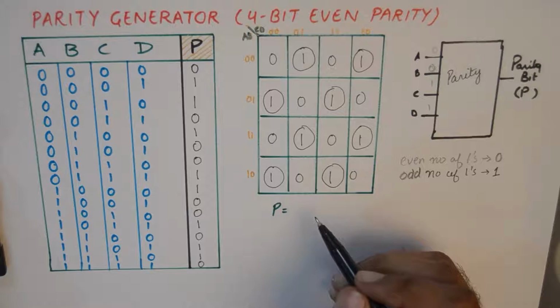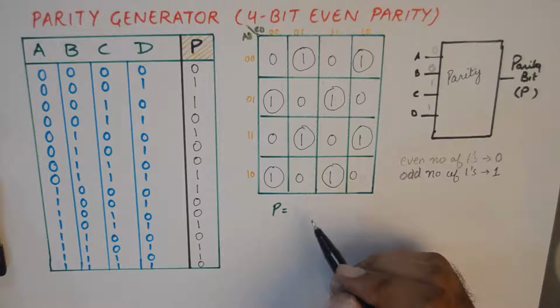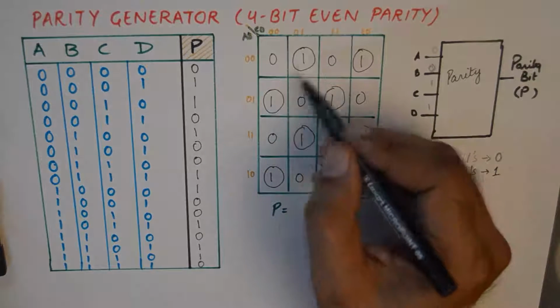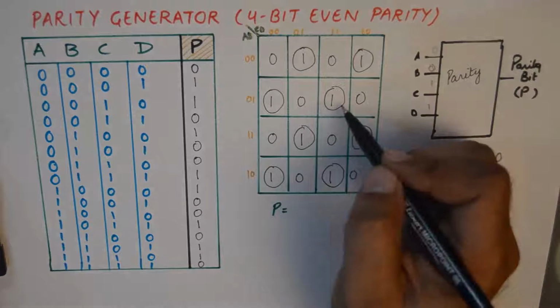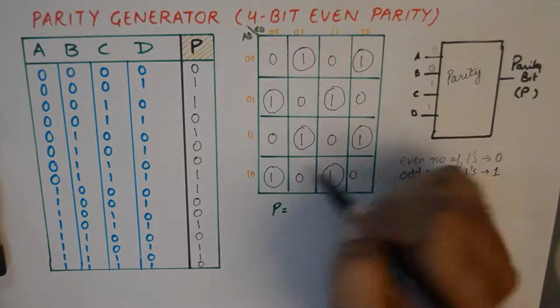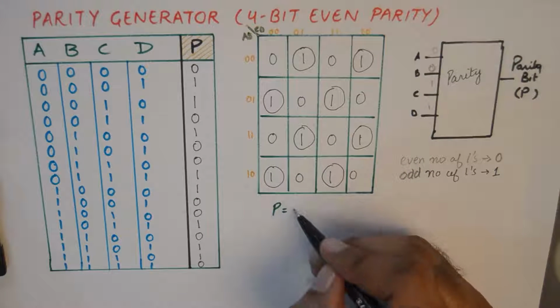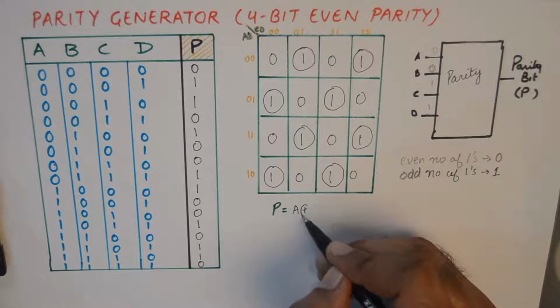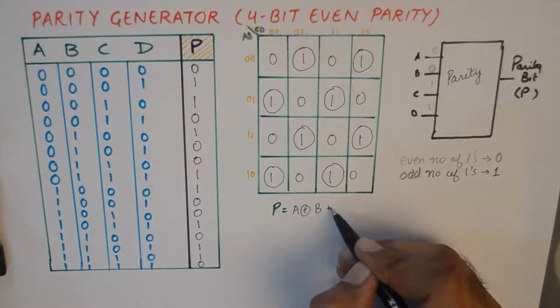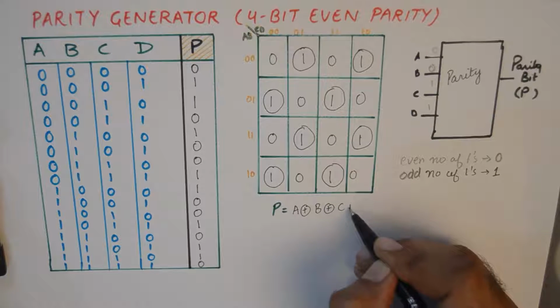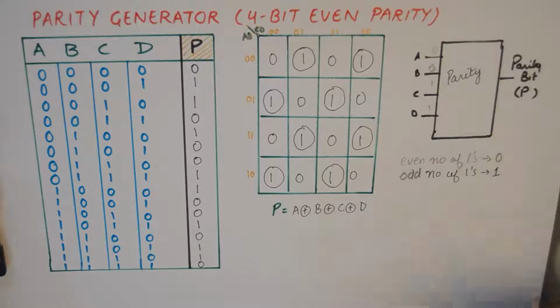This has been discussed previously while discussing K-maps, because even if you write the expression for these single ones, the product terms will reduce down to A XOR B XOR C XOR D.